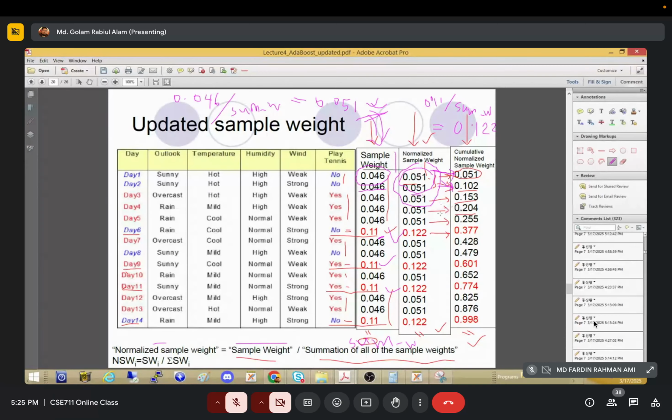Then the next one will be the summation of these four, and you will get 0.204. And then the next one will be the summation of these five. It is 0.255. Like this way, we have to calculate the cumulative normalized sample weight. That is called the running sum. Okay, so you will get the cumulative values here.